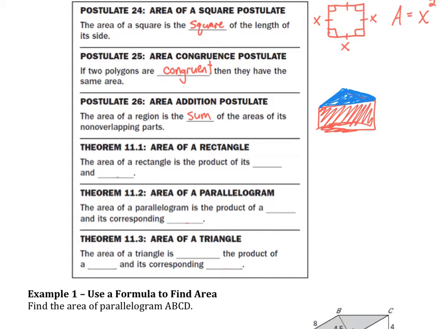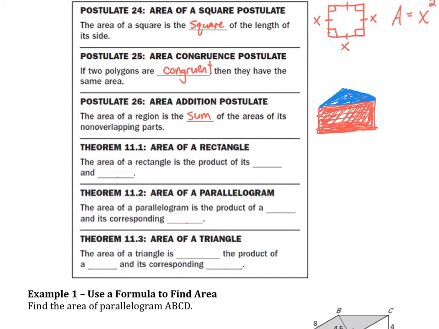So you'd add up those two pieces to get the whole area. Like that. So the triangle plus the rectangle would be the entire area.